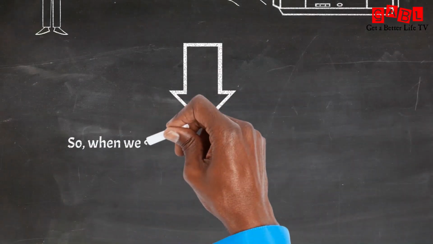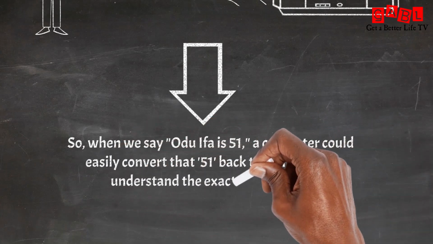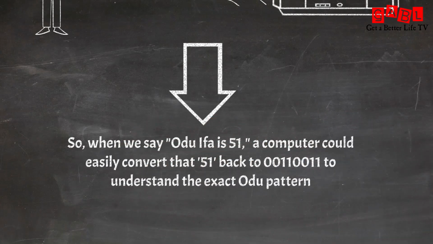So when we say Odu Ifa is 51, a computer could easily convert that 51 back to 0, 0, 1, 1, 0, 0, 1, 1 to understand the exact Odu pattern, which is Owonrin Meji.